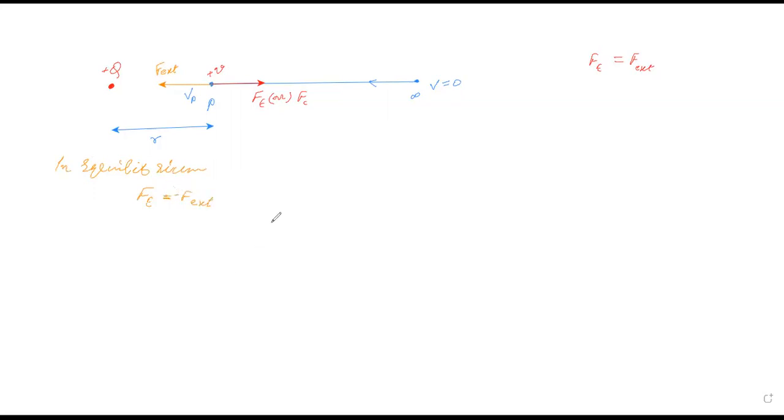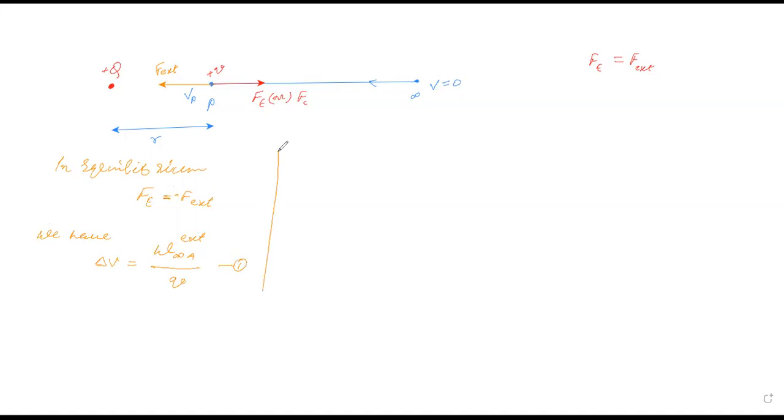We already know your potential difference: delta V is equal to the work done from infinity to A externally, external work, over Q. This is your equation number 1.